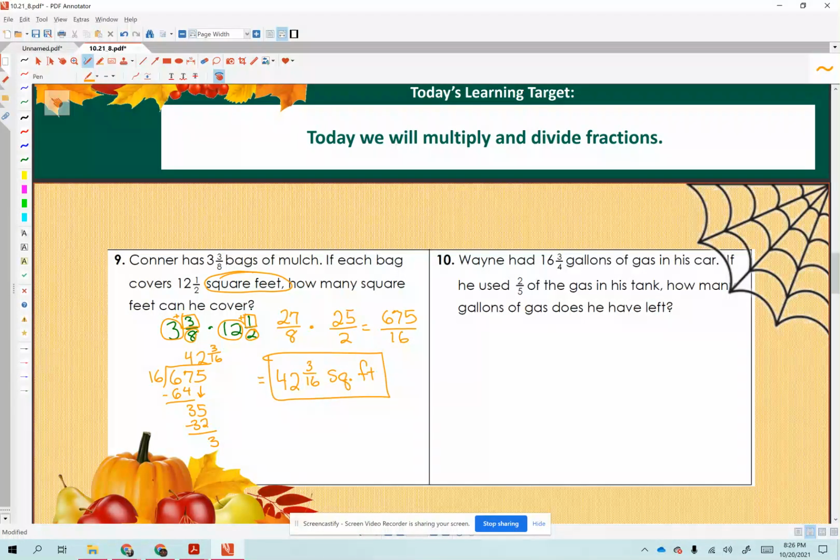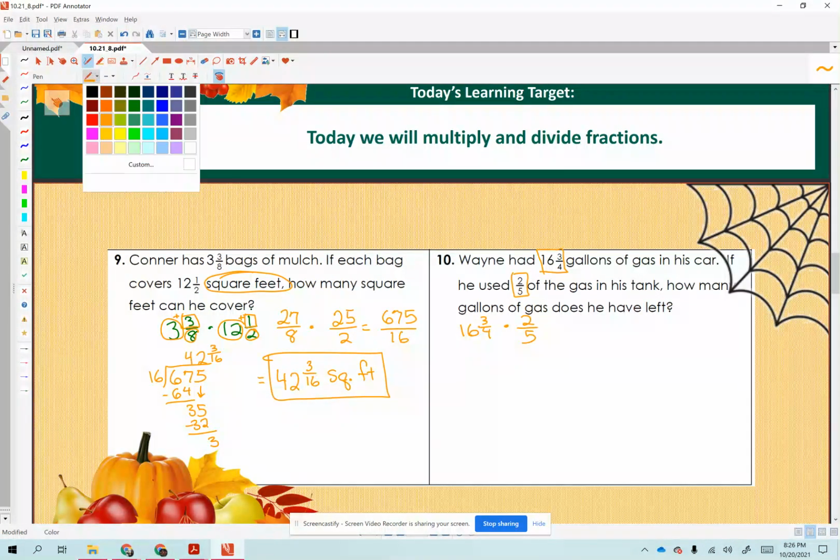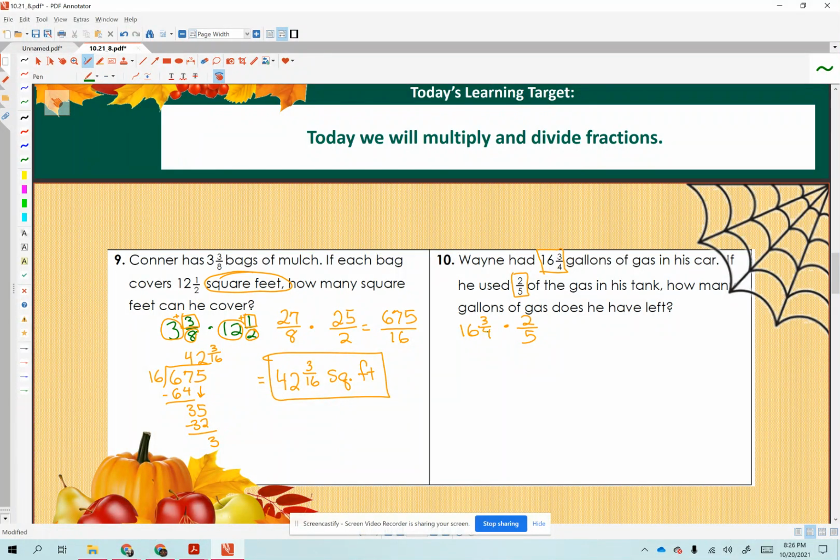And that's that. So our last multiplication problem, Wayne had 16 3/4 gallons of gas in his car. If he used 2/5 of the gas in his tank, how many gallons of gas does he have left? So we're going to multiply 16 3/4 times 2/5, and we will convert the 16 and 3/4 to an improper fraction. 16 times 4 is 64, plus the 3 in the numerator makes 67/4 times 2/5.